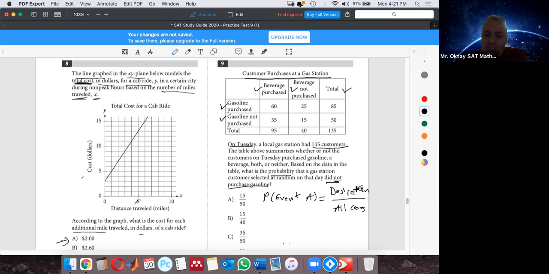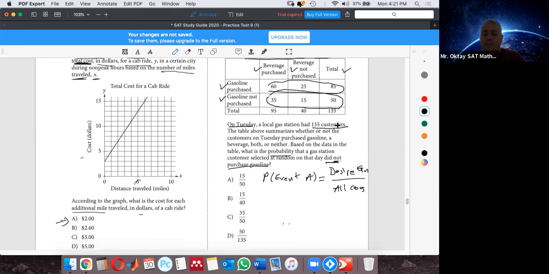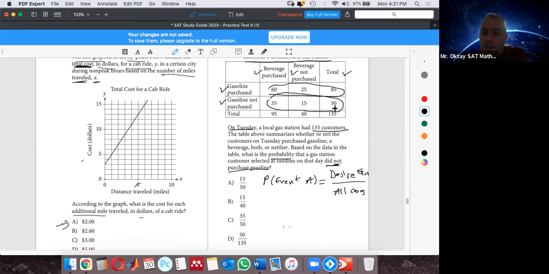So this question says they didn't purchase gasoline. So let's check gasoline purchase, which is here. They didn't purchase gasoline. Where is it totally? Gasoline not purchased. How many? 50. Yes.